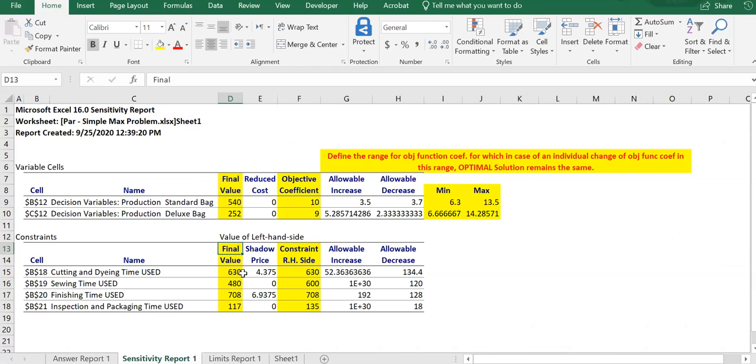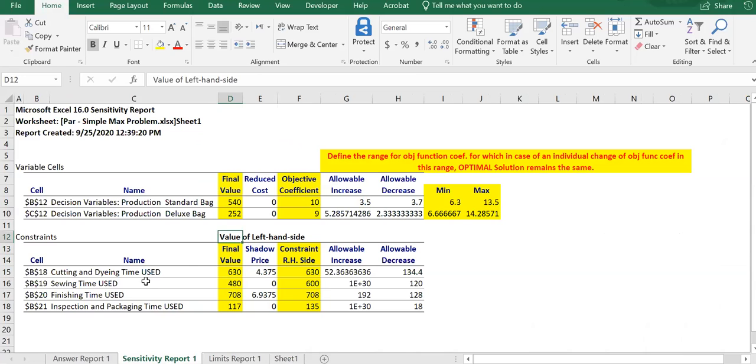So that's exactly what we have here, the value of the left-hand side. From cutting and dyeing, out of 630, we are using 630. Out of 600 of sewing time, we are using 480.